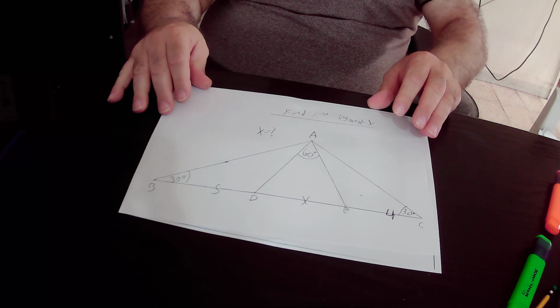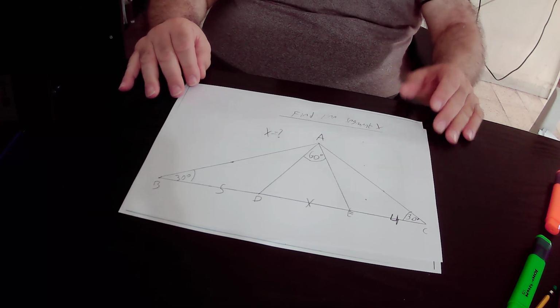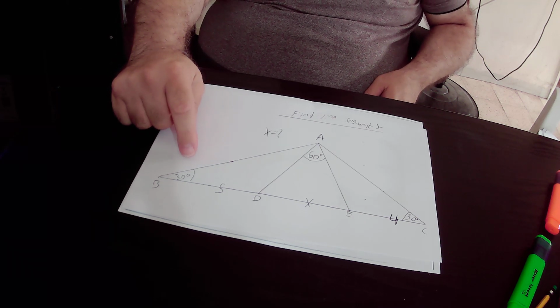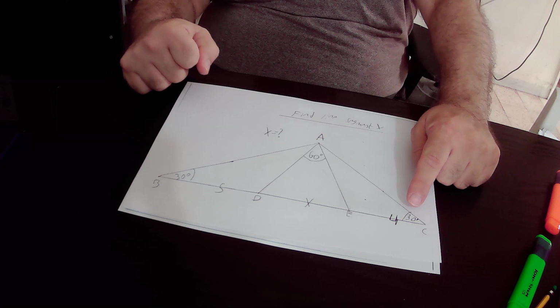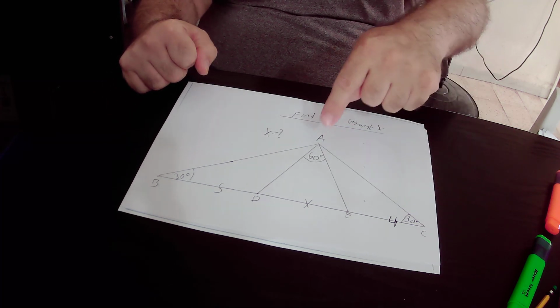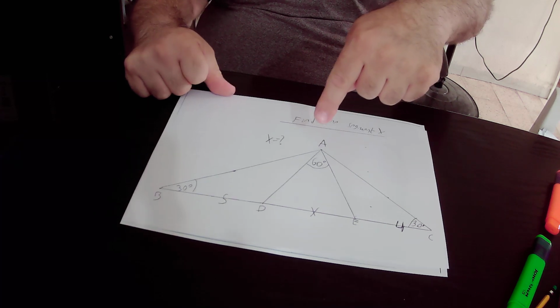In the drawing, we have triangle ABC. Note that angle ABC equals 30 degrees. Angle ACB also equals 30 degrees. Angle DAE equals 60 degrees.